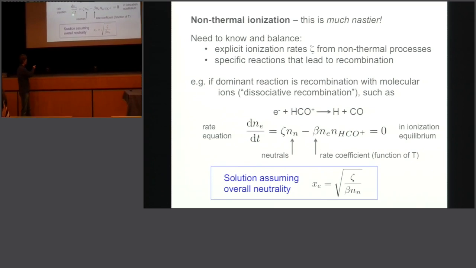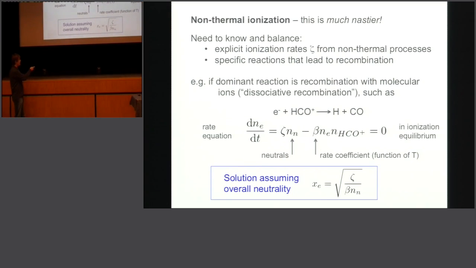We then say that we're in ionization equilibrium, so the time derivative equals 0. If we assume charge neutrality for this particular reaction, so that the electron number density and the ion number density are the same, we can straightforwardly solve for the electron abundance in terms of the ionization rate and this rate coefficient, which will generally be some hopefully known function of temperature.